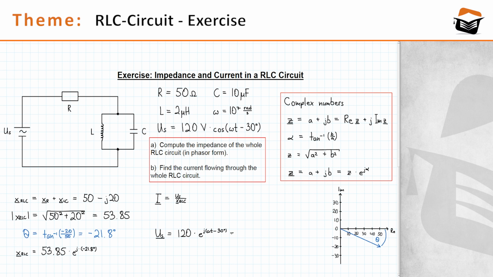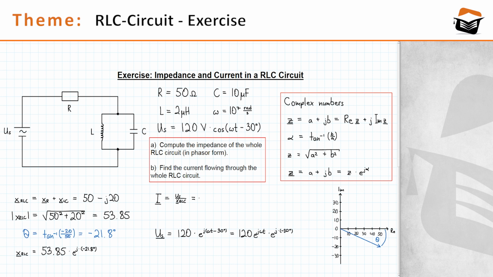And that whole thing is equal to 120 times e to the power of j times omega times t times e to the power of j times minus 30 degrees. And we need this exponential form because we're going to perform a division.